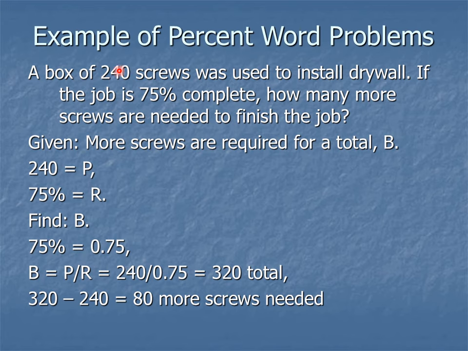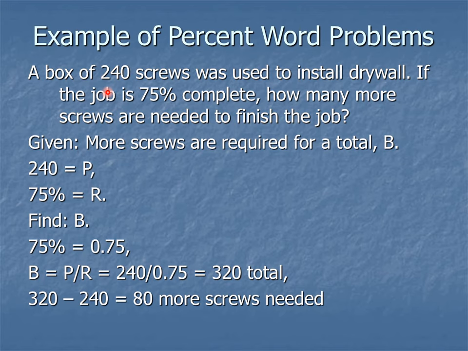As I said, it's a bit confusing, because identifying 75% is easy, since that's the rate. But if you look at the problem more closely, you'll see that the 240 screws they used is not the total number of screws they need. This is actually the portion of the screws they needed, because they did not complete the job. You see what I'm saying? So that's why 240 is a portion instead of a base.